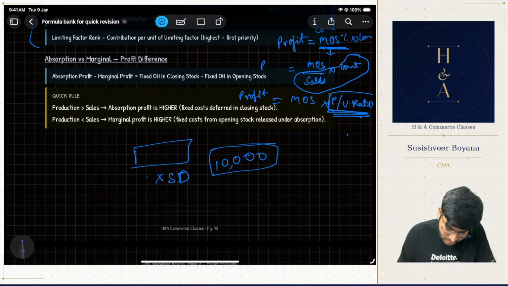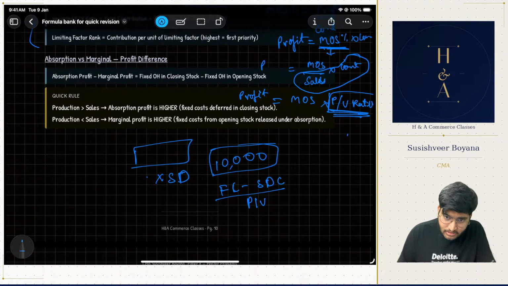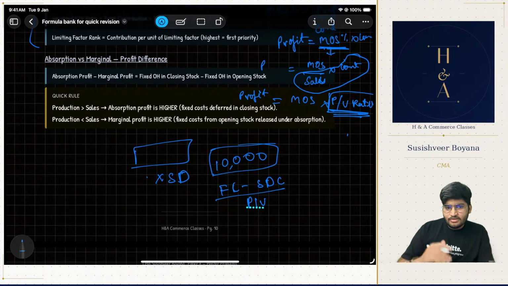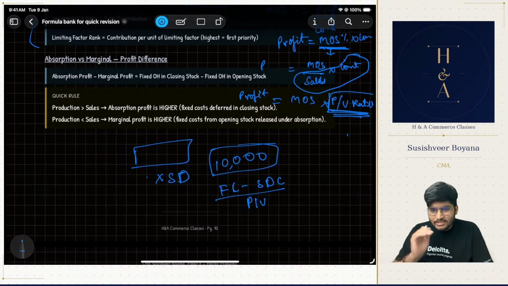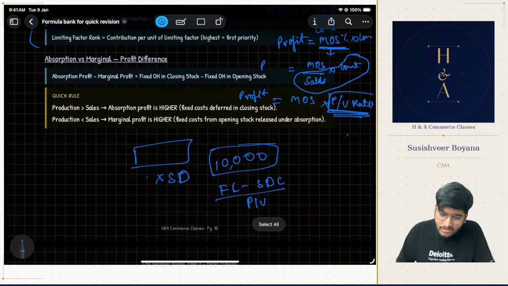The similar case would be fixed cost minus shutdown cost divided by PV ratio. It's going to give me the shutdown sales. Beyond that, if the sale is going down, then I'll have to stop the plant and go for a shutdown. If not, until then, if the sale is sustained at the shutdown sales point, then I can continue it, right?